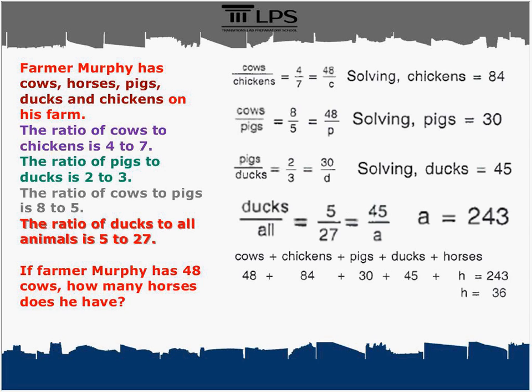It has to be 5 to 27. Okay, exactly what I have done. Started off with cows to chickens, then used cows to find out pigs, then used pigs to find out ducks, then ducks to find out all animals, and then horses, because that was the only missing information.